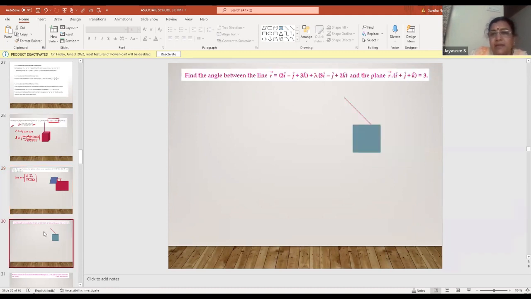Next is the angle between the line and the plane. The line equation is r vector equal to a vector plus lambda b vector.